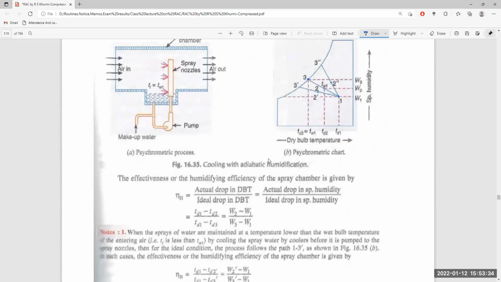The effectiveness or humidifying efficiency of the spray chamber is given by the actual drop in temperature over the ideal drop in temperature, or the actual change in the amount of moisture present per kg of the mixture over the ideal change.